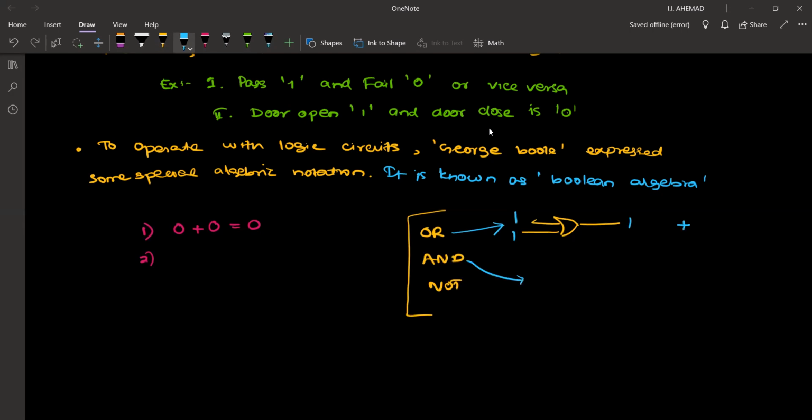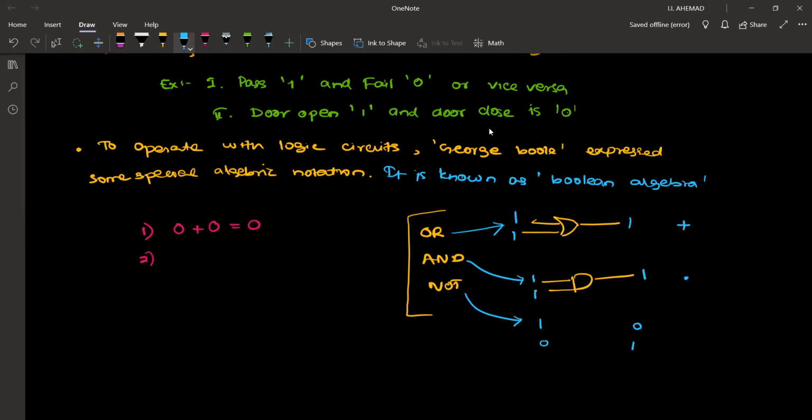In case of the AND gate, from its name itself, you should understand that this one and this one have to be high. Both of them have to be high. So if this is 1 and this is 1, then only the output will be 1. And we use dot to show an AND gate. NOT gate is simple. If you give 1, the output will be 0. If you give 0, the output will be 1. It will just invert.